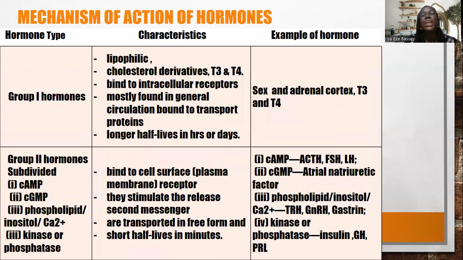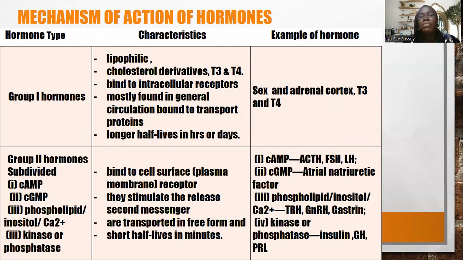If you are looking at classification according to the mechanism of action of hormones, we will have your group 1 hormones and your group 2 hormones. Your group 1 hormones are lipophilic. That means that they are lipid soluble.